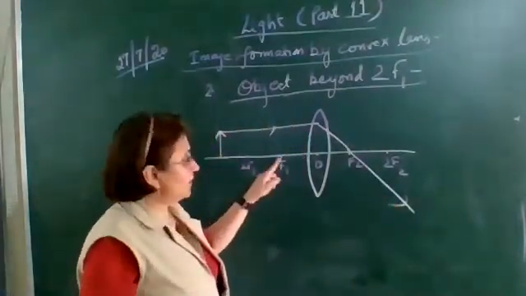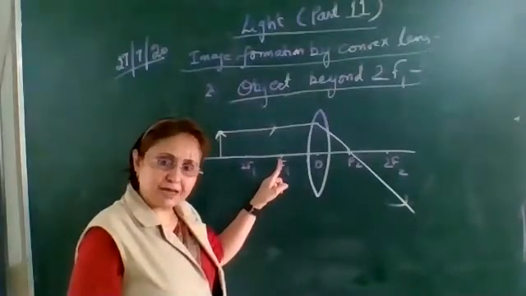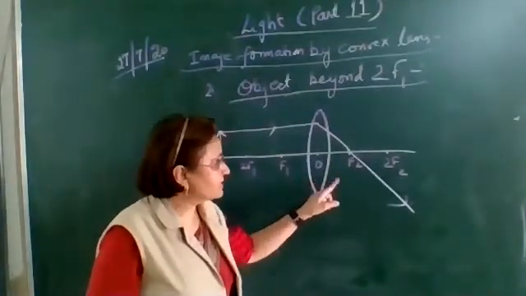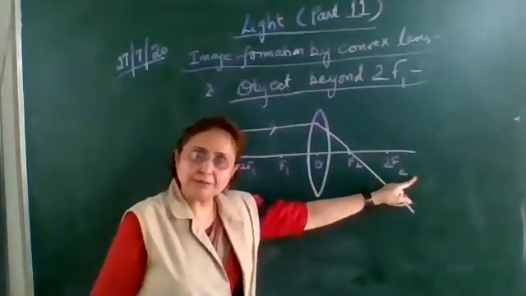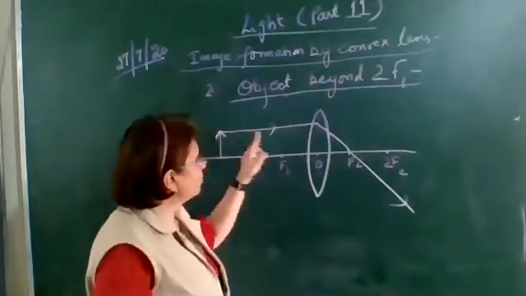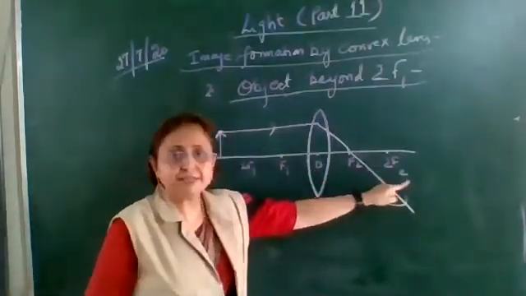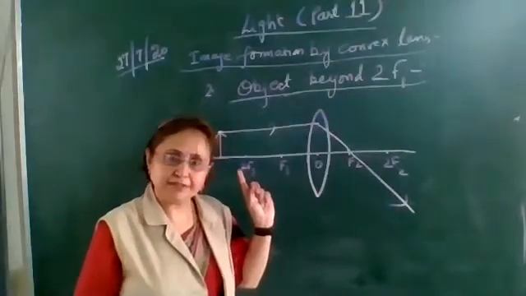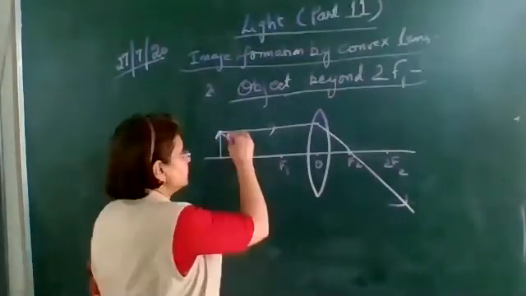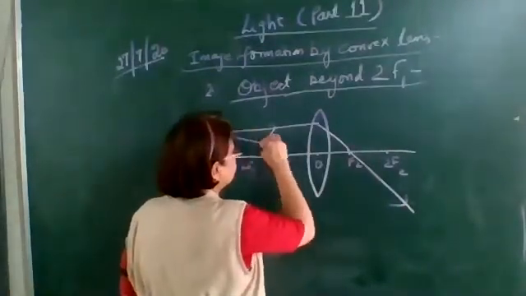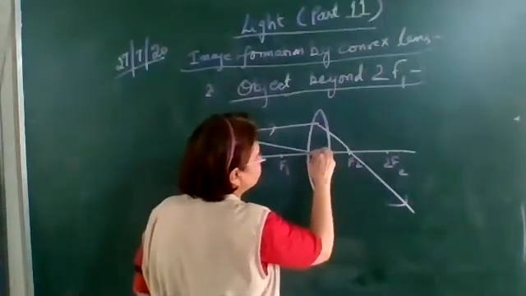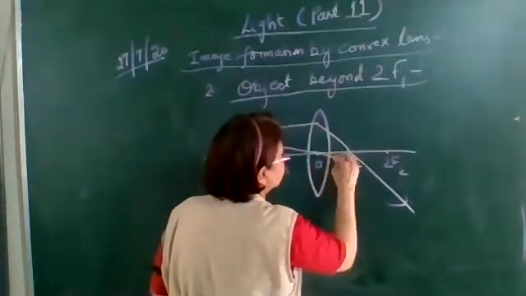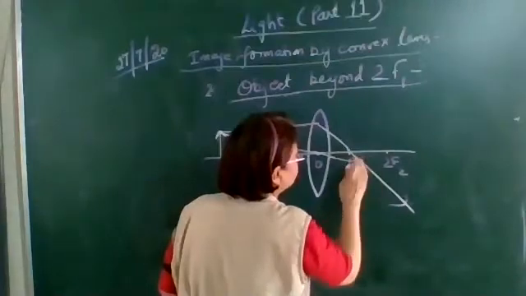The second ray of light, either you can pass it through F1 and this ray will become parallel to the principal axis, or you can pass it through the optical center, which goes straight without breaking. Let us pass it through the optical center, and we know that this ray is refracted straight, that is, without bending.